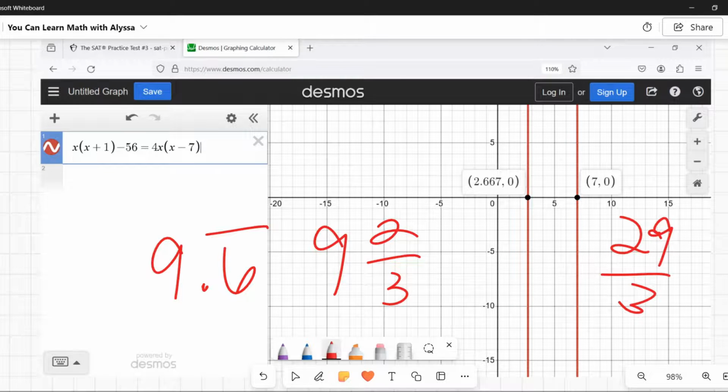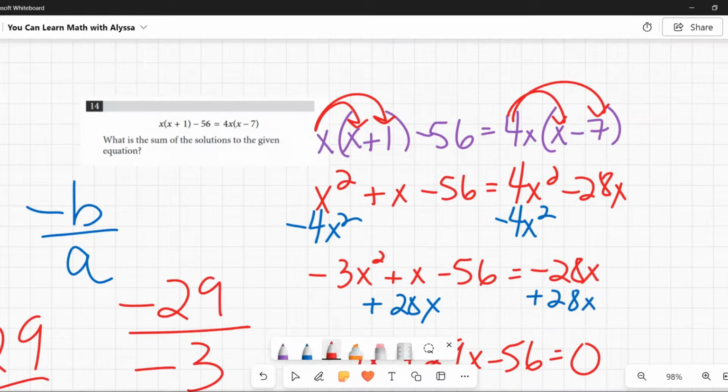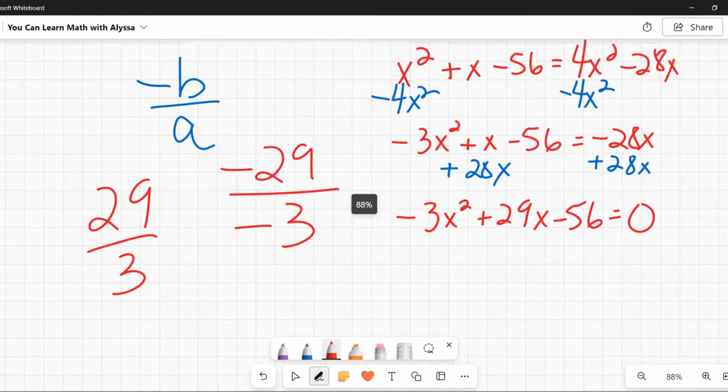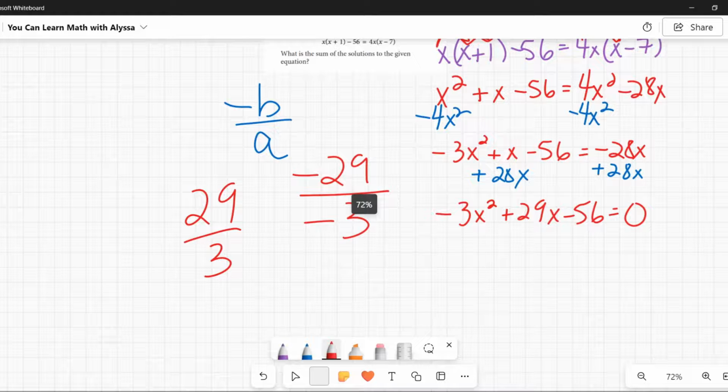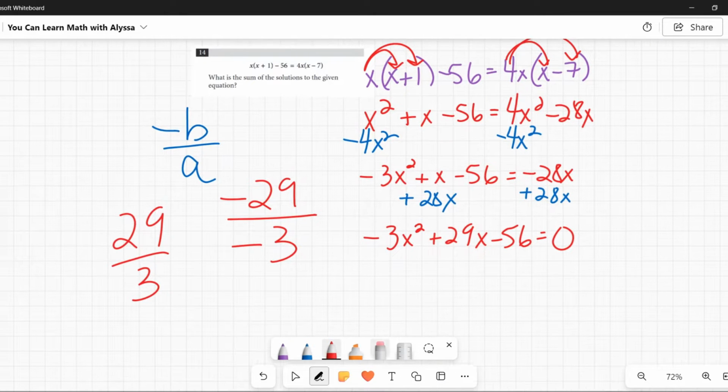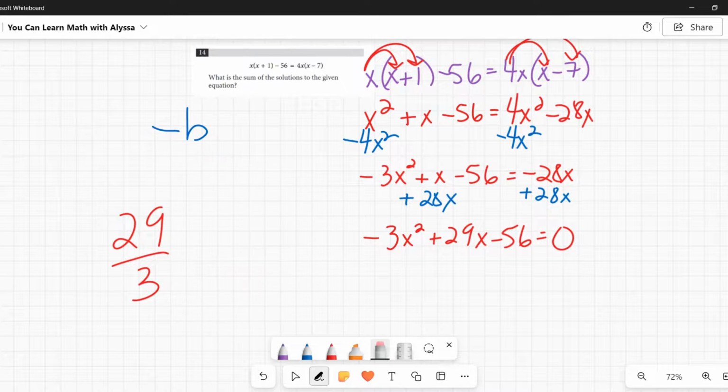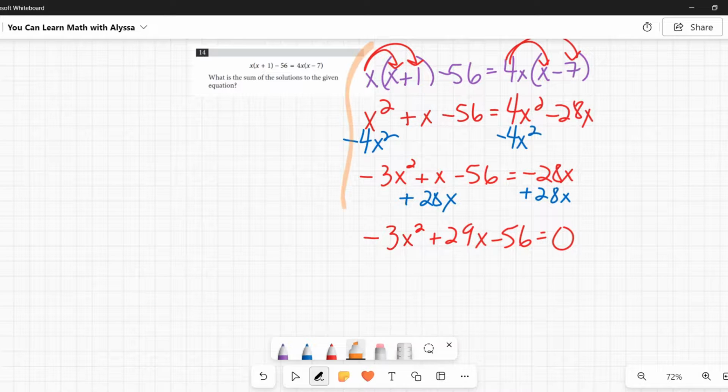Which all begs the question, what did the College Board want you to do? Well now, the College Board, I saw this, man, and I was like, ugh, why? They wanted you to go through all this, but instead of using the little shortcut of the sum of the solutions by negative b over a, they want you to put this into the quadratic formula and go through that whole mess.